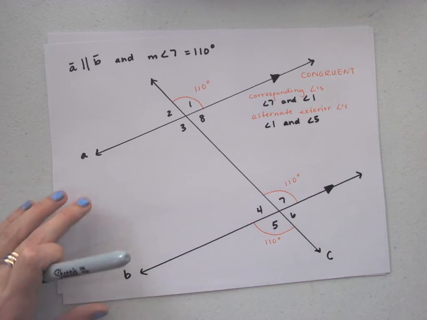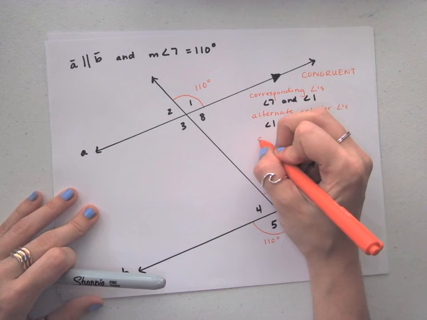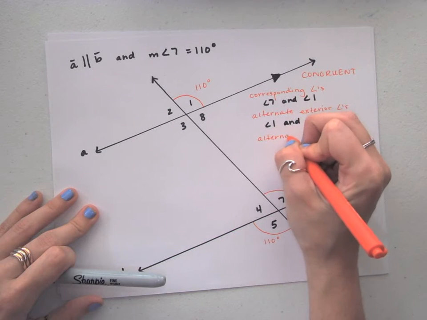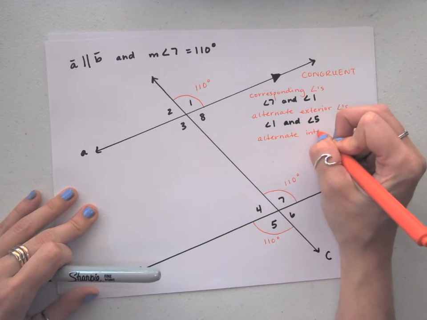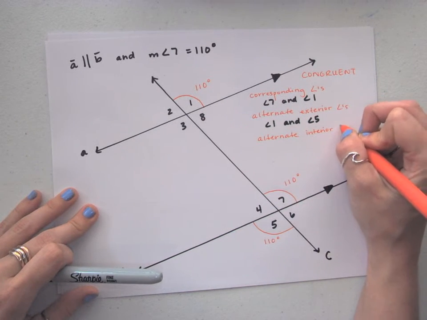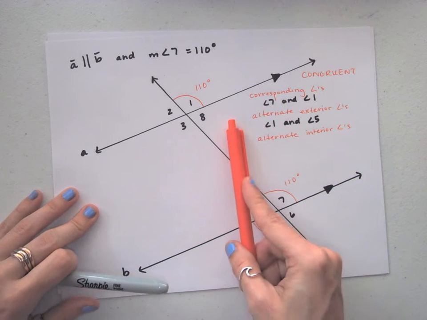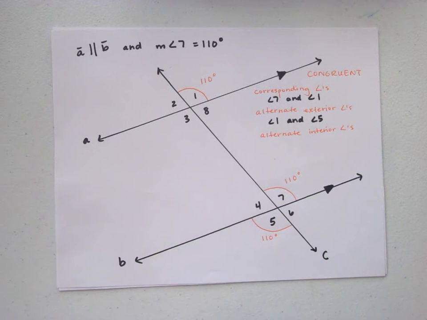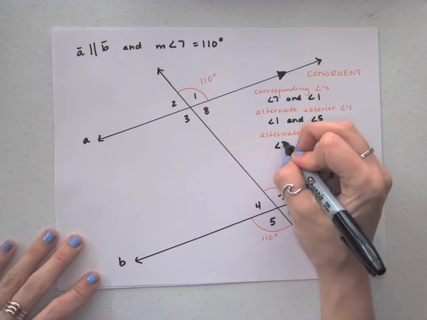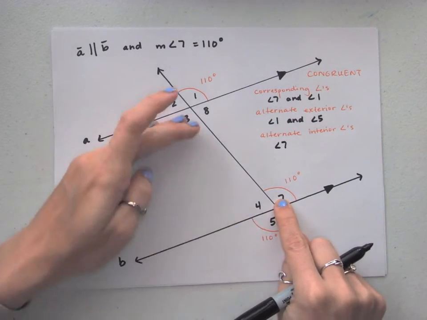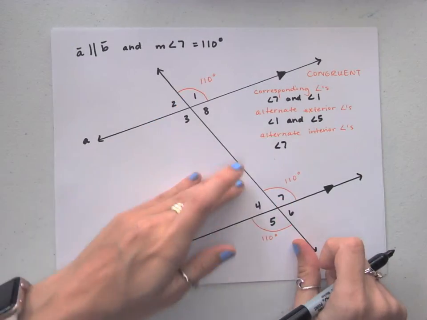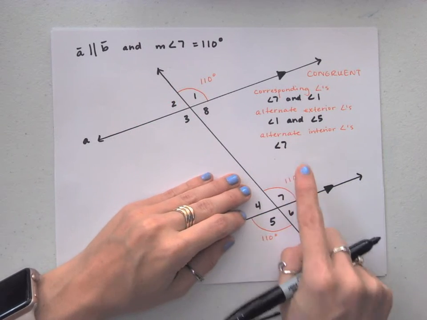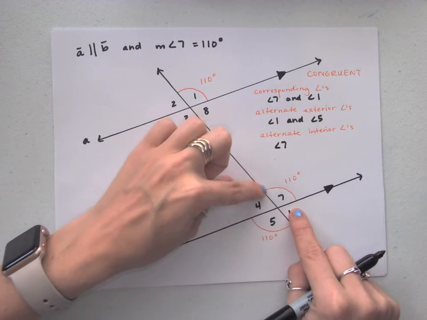Now, maybe I want to look at my alternate interior angles. So interior angles are angle 3, angle 8, angle 4, and angle 7. And I already know the measure of angle 7. Well, if I stay in the interior, I'm in here, and I want the alternate interior angle. So again, it's not just flipping over to the other side.